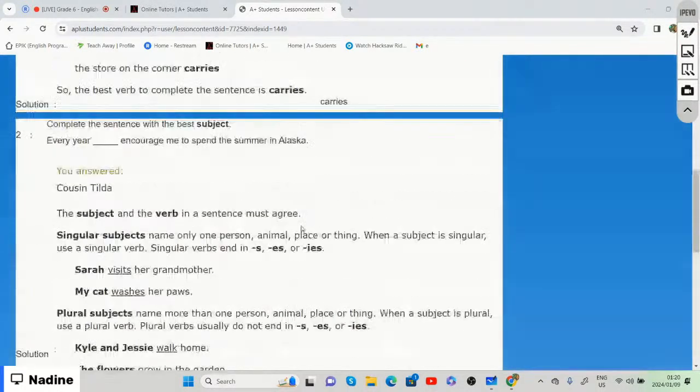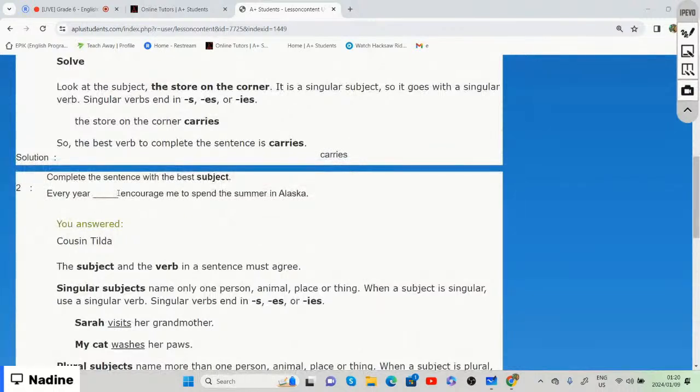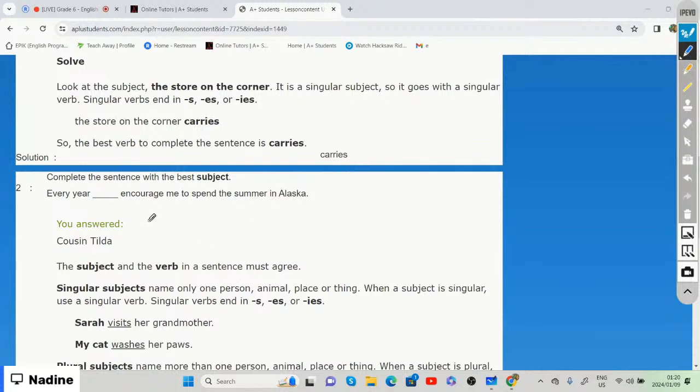So which means that it is not just encourage, right? Because if Cousin Tilda is the one that wants you to be there, Cousin Tilda is singular because it's one person. So if we look at this, every year, Cousin Tilda encouraged me to spend the summer in Alaska, right?